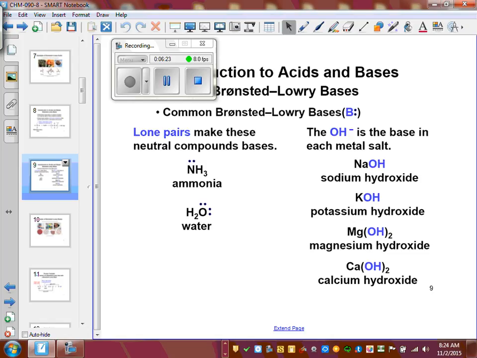So water, ammonia are bases. If we look at OH and metal salts like sodium hydroxide, potassium hydroxide, magnesium hydroxide, calcium hydroxide, those OHs are bases.